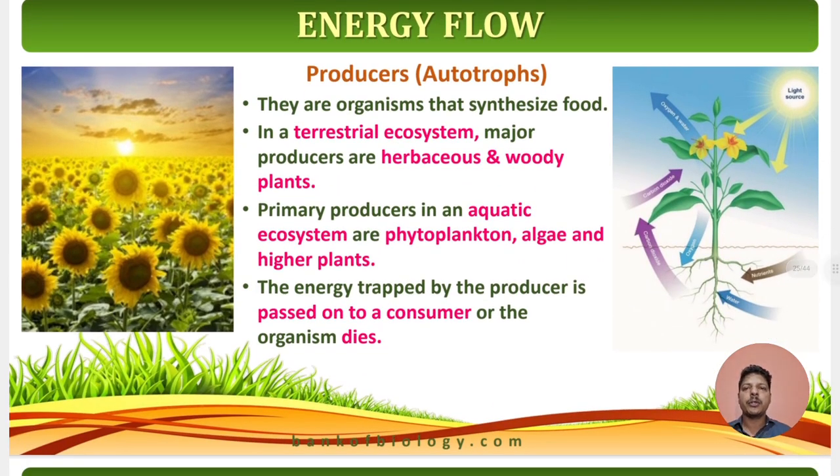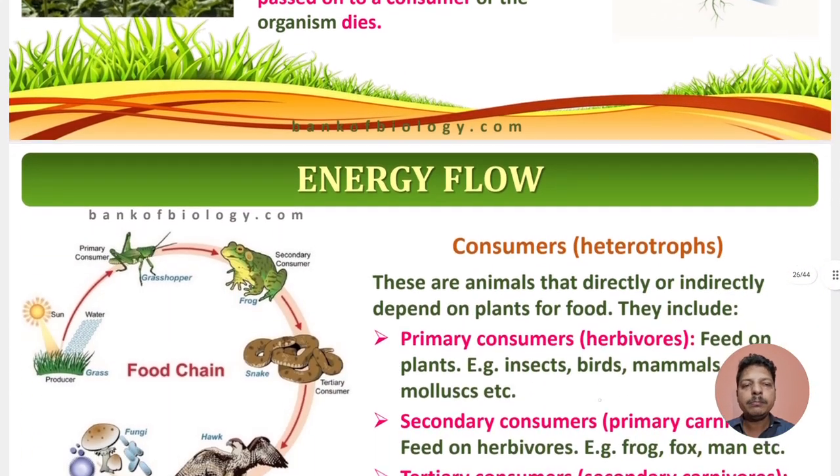Then coming to producers or autotrophs, they are organisms that synthesize food. In a terrestrial ecosystem, major producers are herbaceous and woody plants, we all know. Primary producers in an aquatic ecosystem are phytoplankton, algae and higher plants. The energy trapped by the producer is passed on to a consumer or the organism dies.